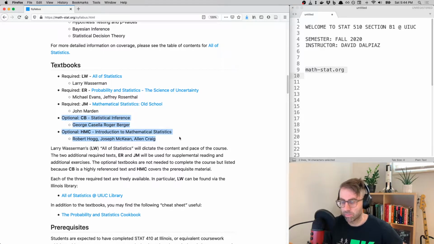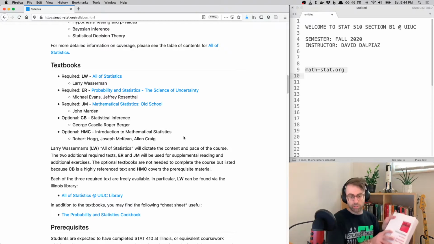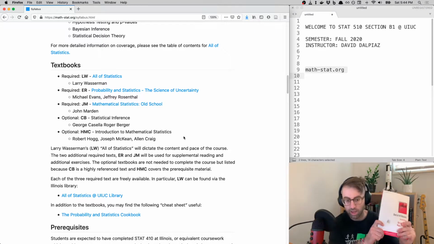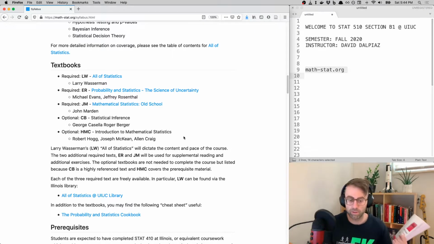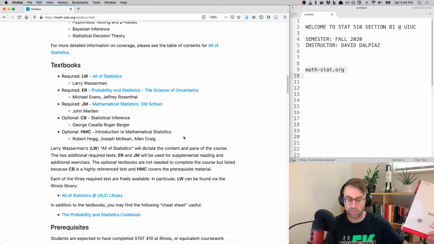These other two books I list just because they're books that come up a lot. The first one, Casella Berger, looks like this. If there was a mathematical statistics book that had been seen by the most statistics graduate students, here it is. Boy, I'm bad at mirrors.